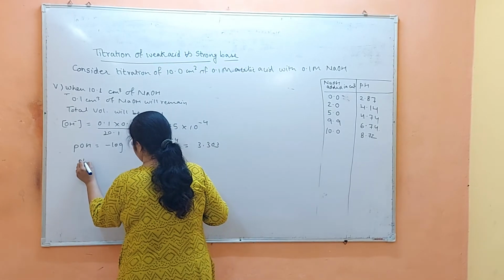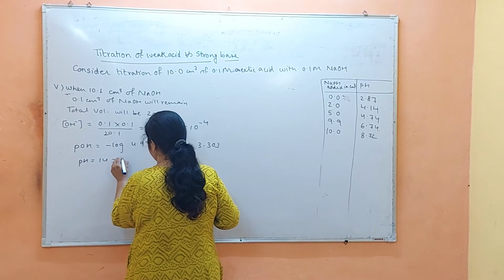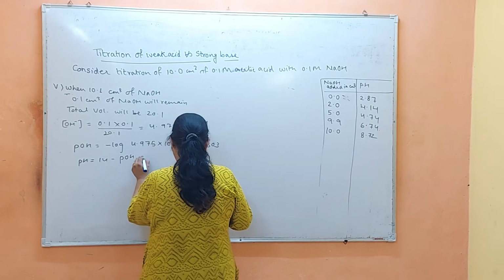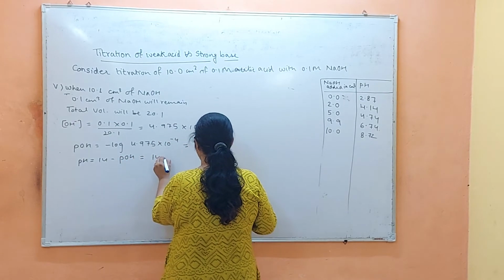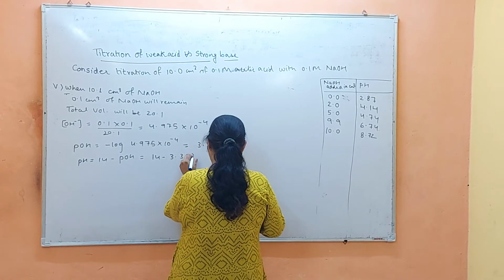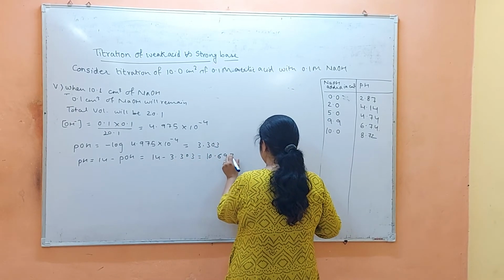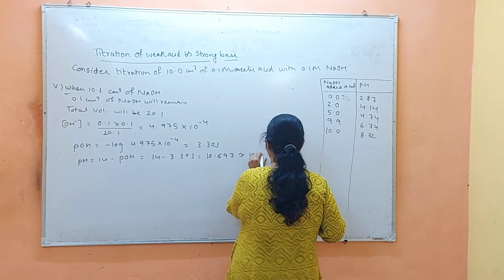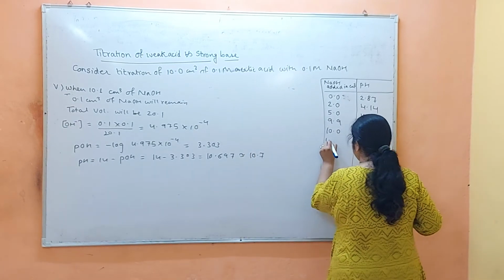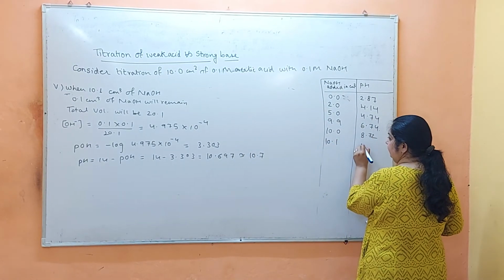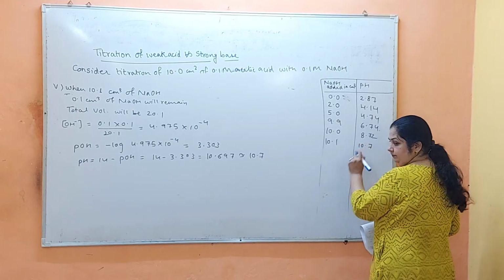So pH will be equal to 14 minus pOH, 14 minus 3.303. It comes out to be 10.697, that is equivalent to 10.7. So when we add 10.1, it will be 10.7.